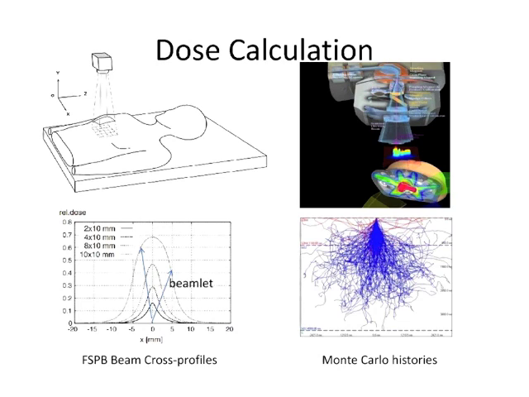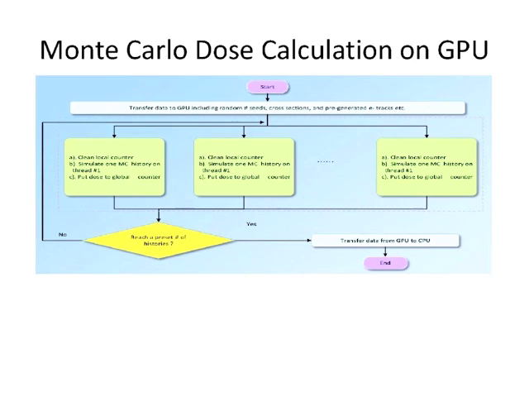You can use the profiles of each beam and calculate that way, or you can shoot millions of Monte Carlo histories and see if any history passes through the patient and add up to the projected images. For the Monte Carlo method, each history is calculated in one GPU thread.